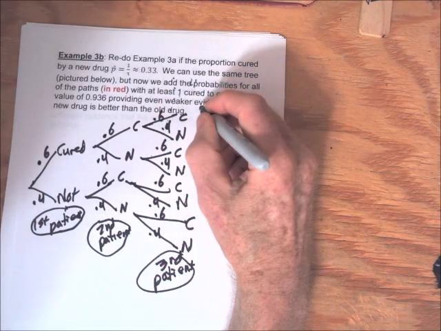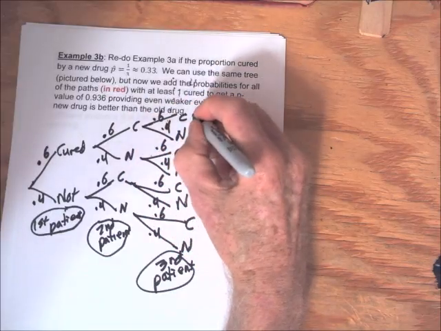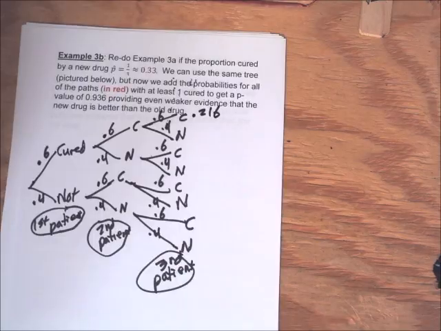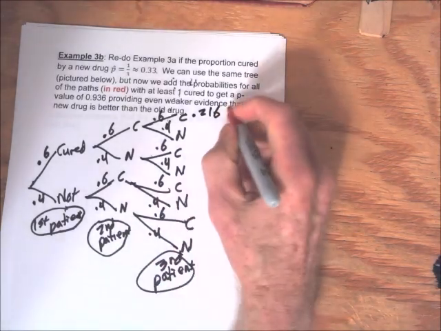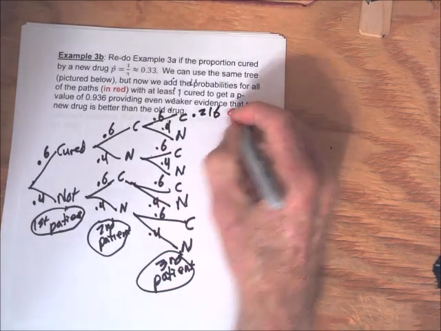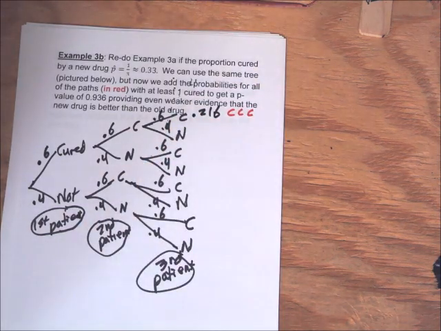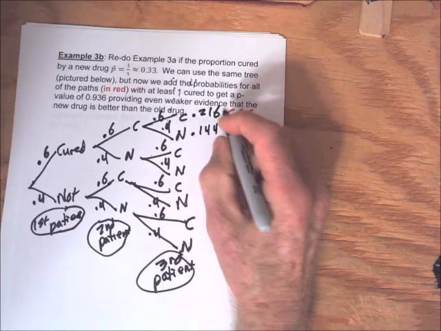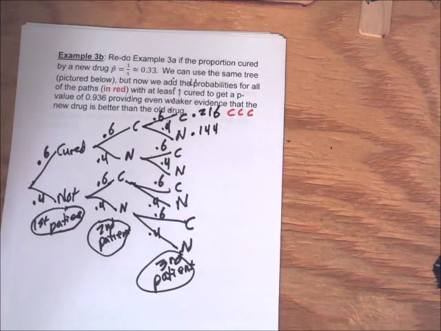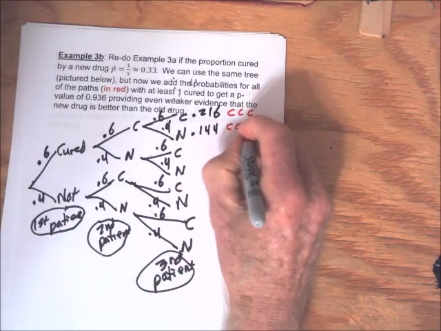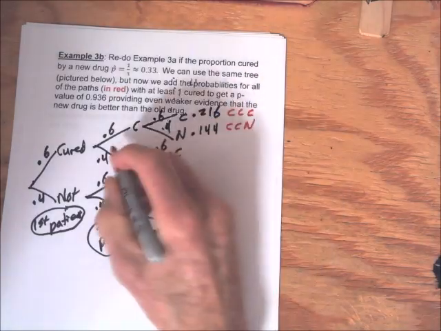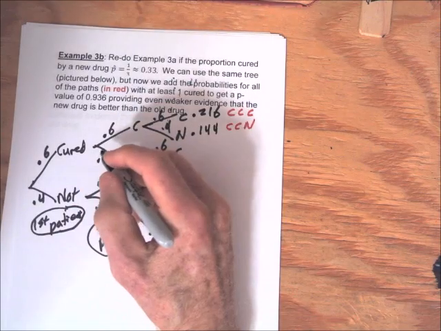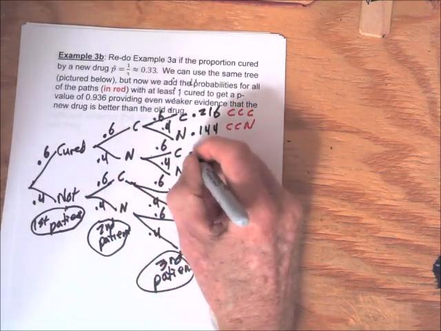So anyway, 0.6 times 0.6 times 0.6 is 0.216, and that's all 3 cured. Then 0.6, 0.6, 0.4, that's the first 2 cured and the last one not. Cured, cured, not cured. It's also 0.144.